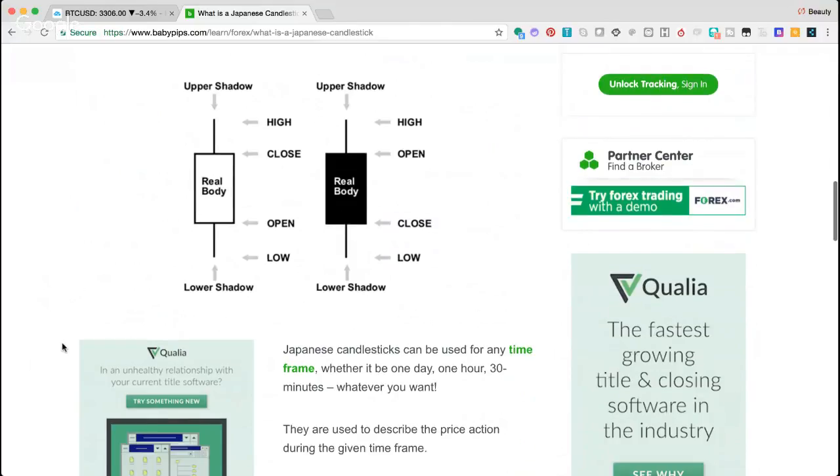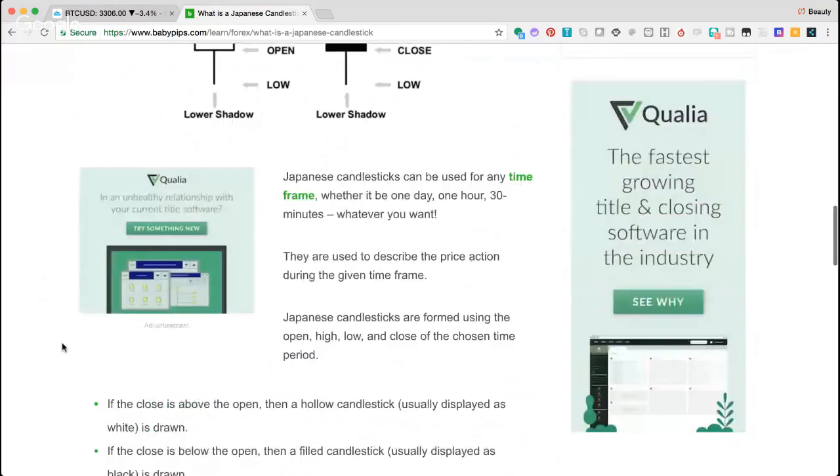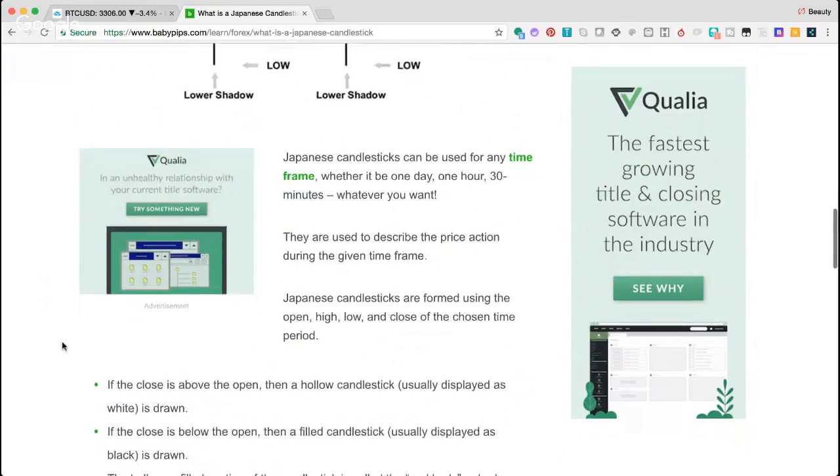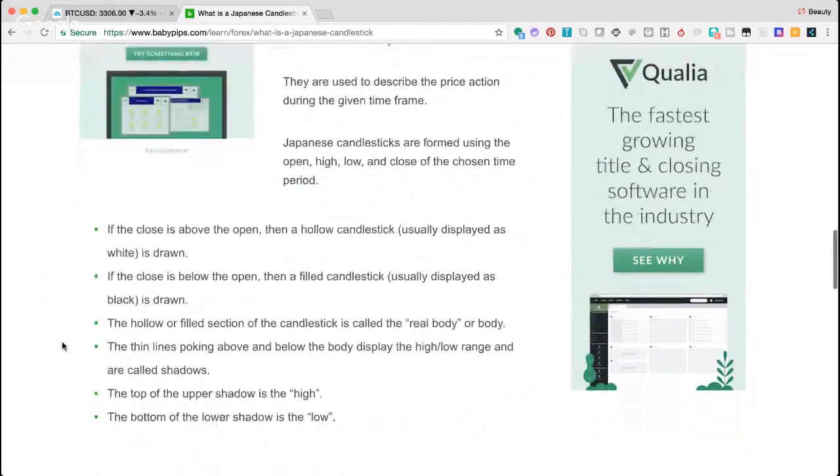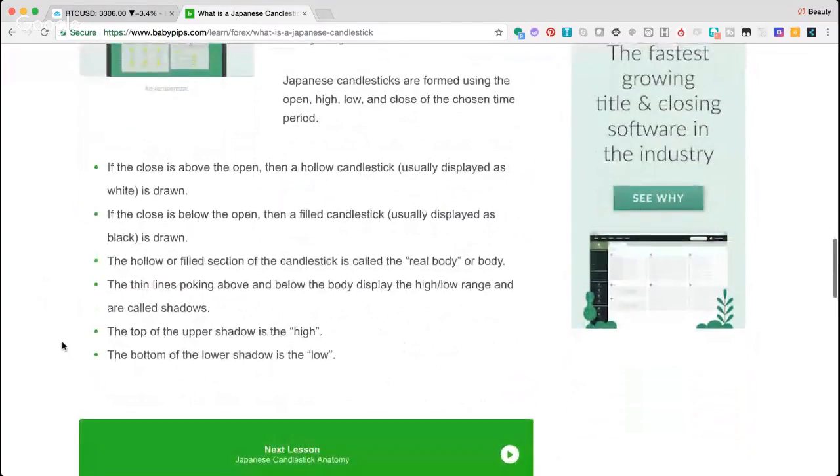Japanese candlesticks can be used for any time frame, whether it be 1 day, 1 hour, 30 minutes, whatever you want. They are used to describe the price action during the given time frame. Japanese candlesticks are formed using the open, high, low, and close of the chosen time period. If the close is above the open, then a hollow candlestick, usually displayed as white, is drawn.